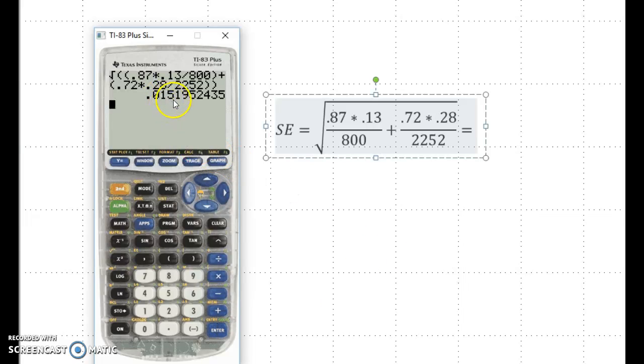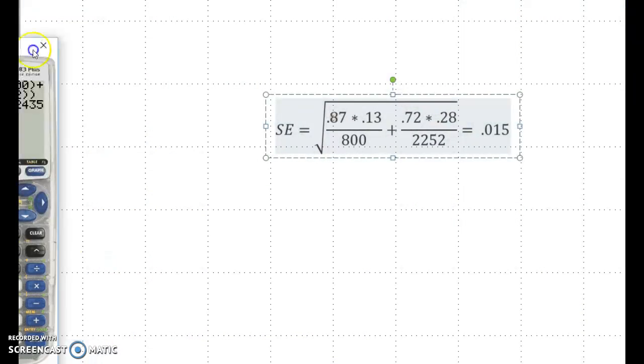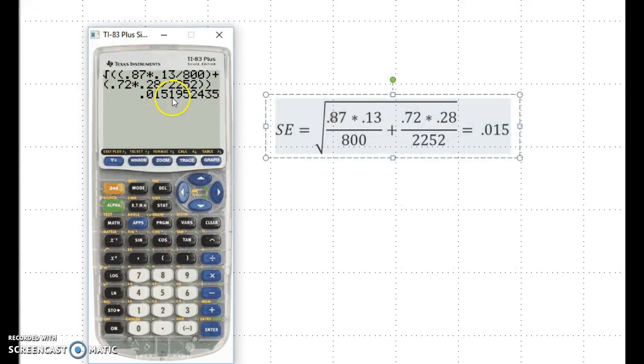So 0.1. And this is where it starts to get really frustrating because how many decimal points do you need to go? Well, because I've taken the square root and the answer needs to be in 3 decimal places, I'm going to write down 4 decimal places. 0.015. Calculator, come back. I'm sorry. 152.